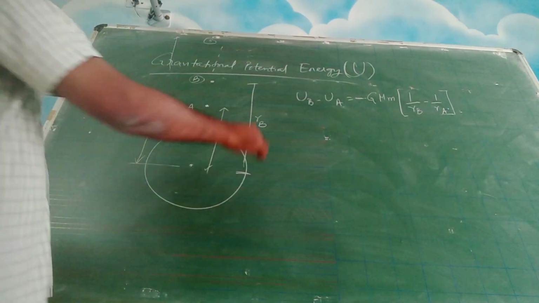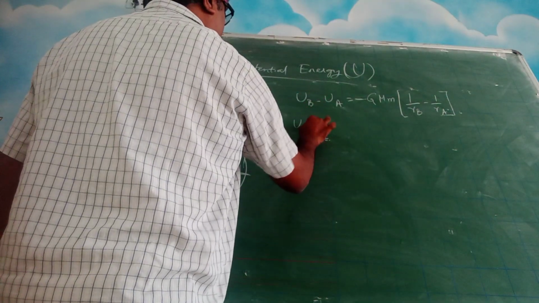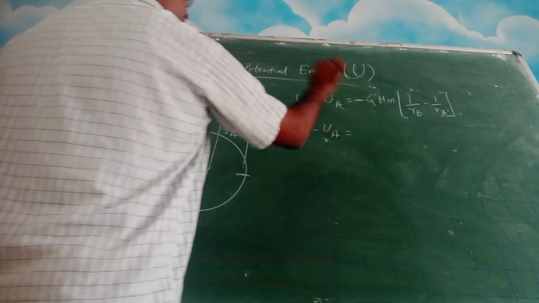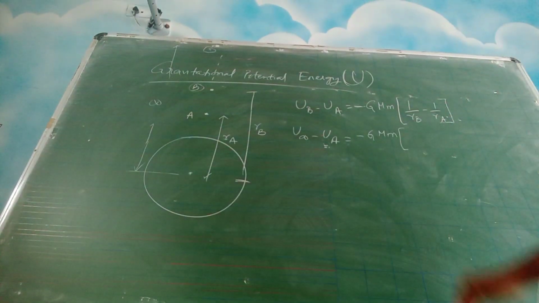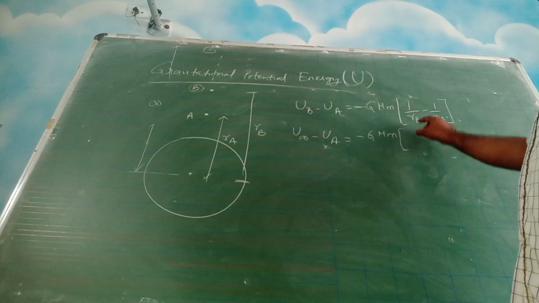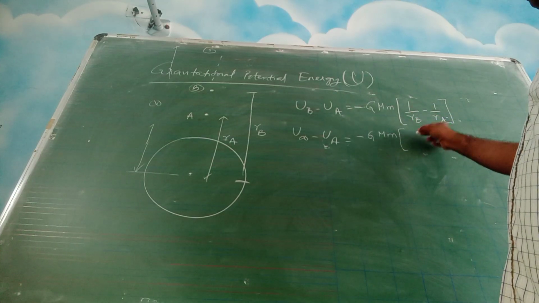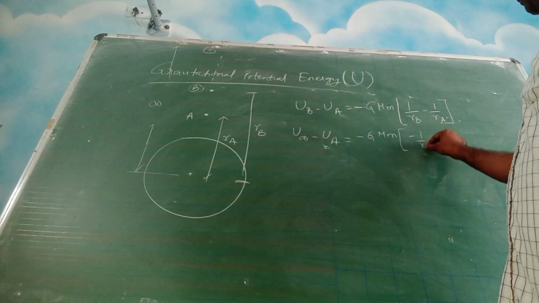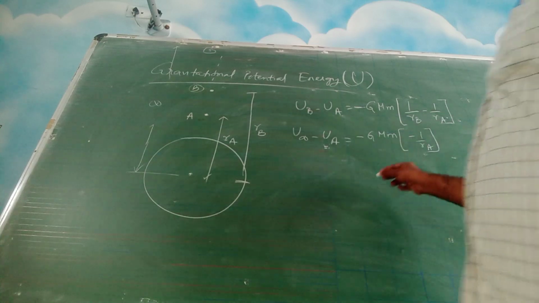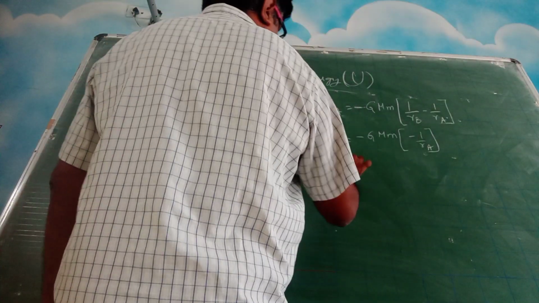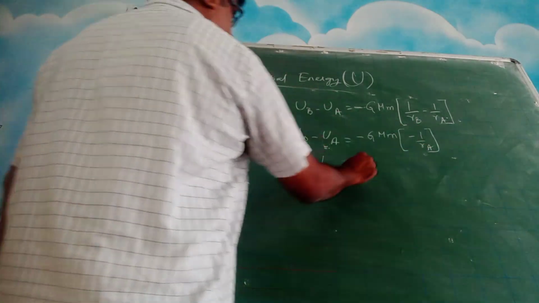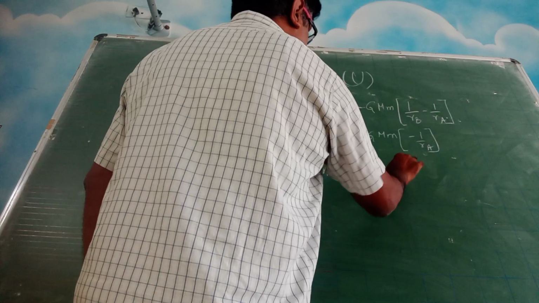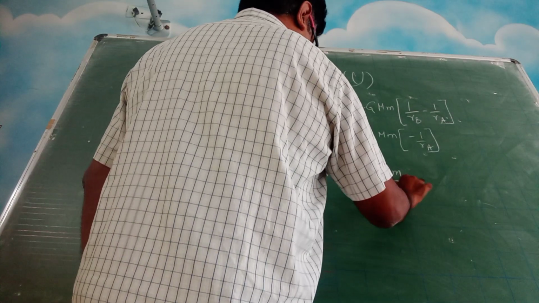So we can write U infinity minus Ua is equal to minus GMm times, 1 by a very large number becomes 0, minus 1 upon Ra. So Ua is equal to minus plus, again there is a minus, so minus GMm by Ra.